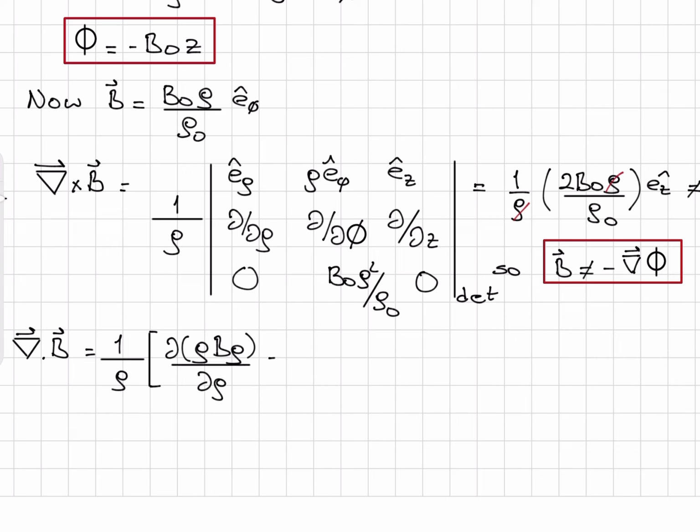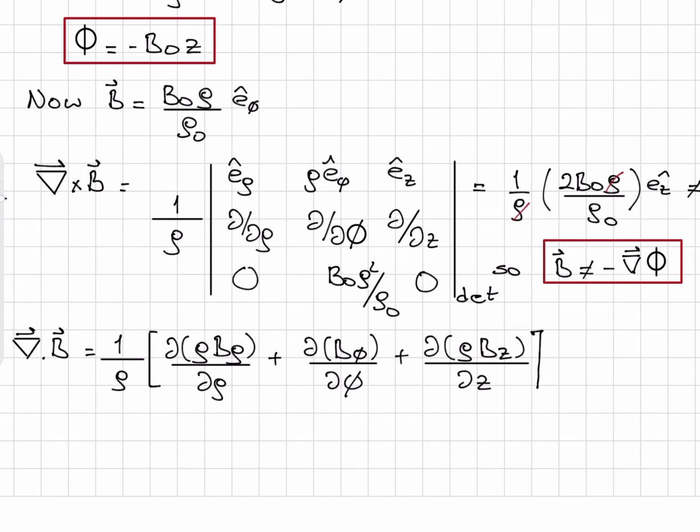Then I have the partial derivative of h rho h z, which are 1, B phi with respect to phi. Then I have the partial derivative of h rho h phi, which is rho, B z with respect to z. So this is what I have to perform.